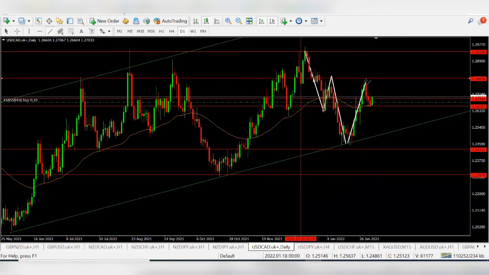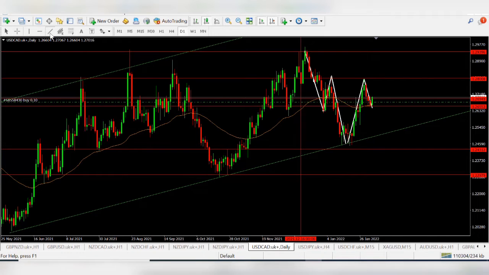It pushed up again to find resistance at the 1.2800 level, and now pushes back down again to this point here, the 1.2655. Can you begin to see what's happening there?